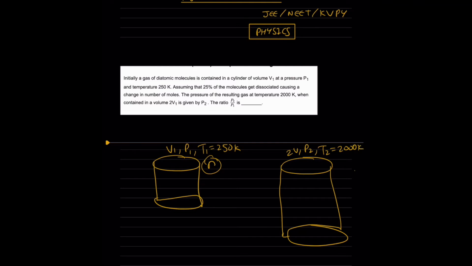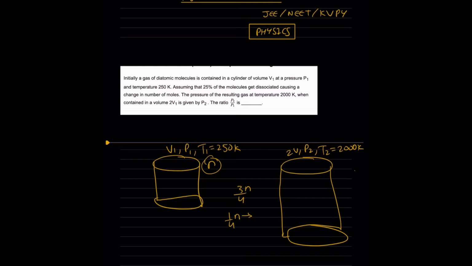Now let's just focus on the number of moles again. Out of this, 25% of molecules are getting dissociated, so 3/4 of it will remain intact as diatomic gas only. And the 1/4 of the moles of the molecules are getting dissociated.